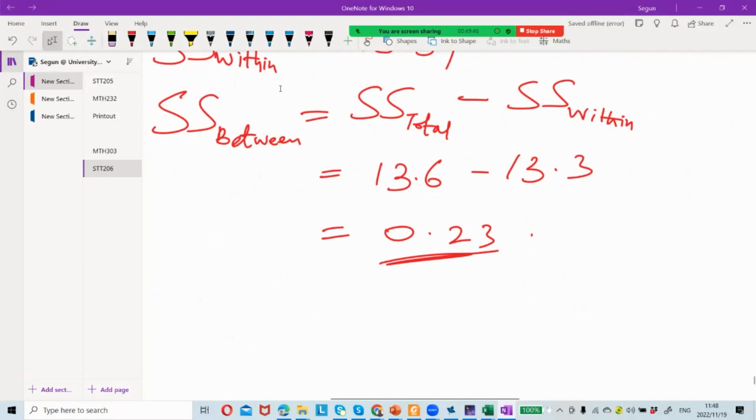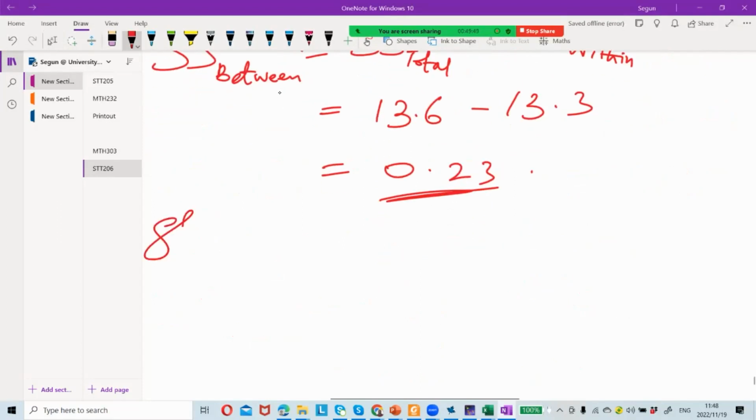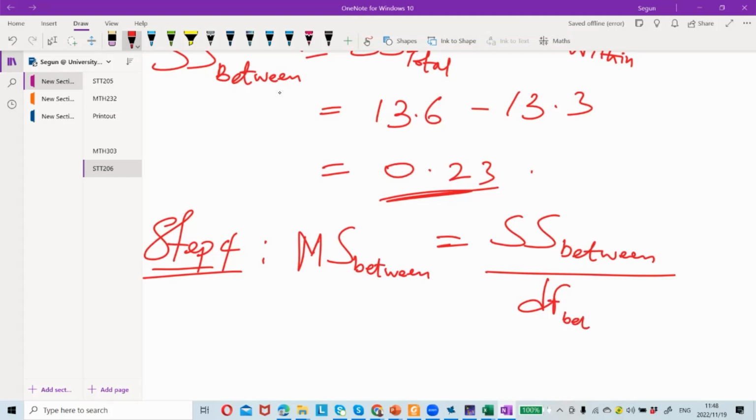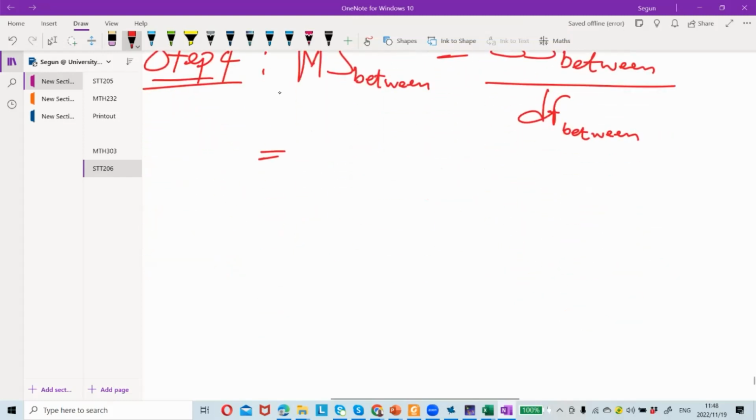So for step 4 now, it is going to be mean of SS between, which is going to be SS between divided by degree of freedom between, which is same thing as 0.23 over 2, because we've calculated degree of freedom between the other time.